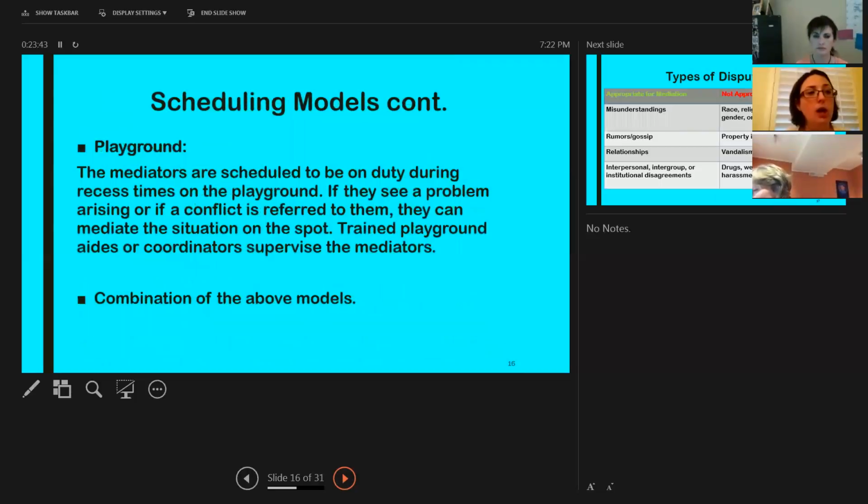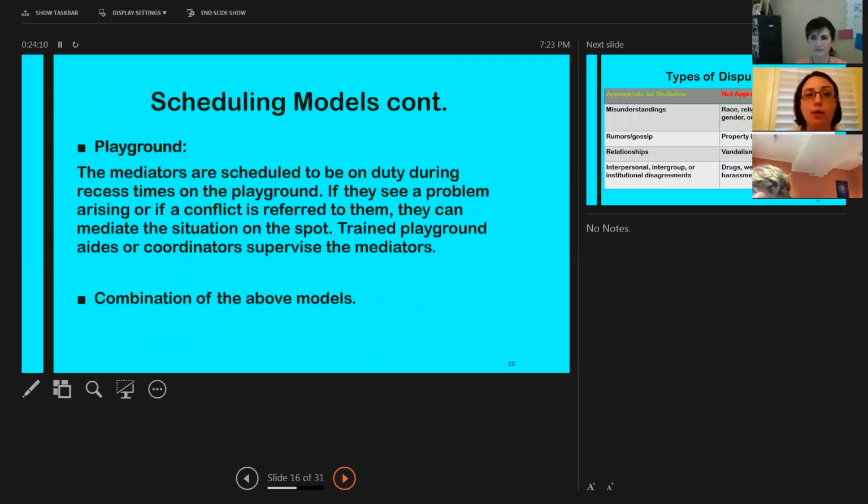There's also the playground model, where peer mediators are on duty during recess. One school had their peer mediators wear t-shirts to identify them, and students could go up to them and talk to them and see if the case was mediatable, kind of coaching a little bit.